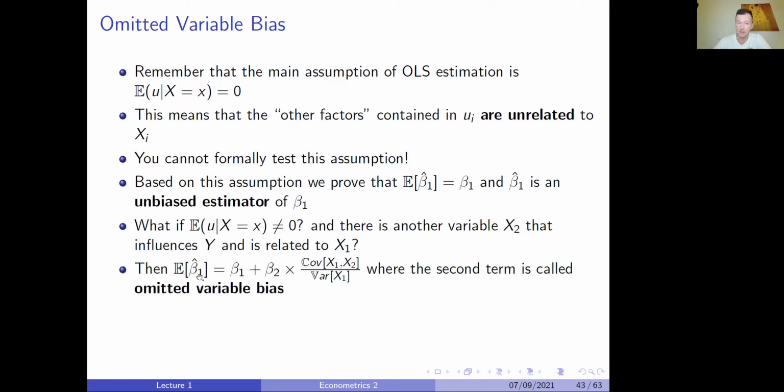In this case, the expectation of beta 1 hat is going to be biased. It's not just beta 1, it's going to have this additional term. And this additional term is called omitted variable bias.